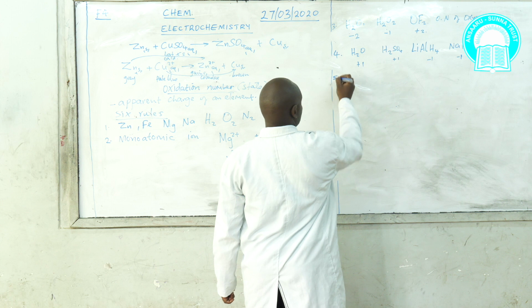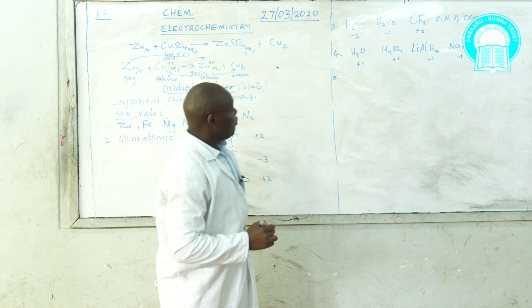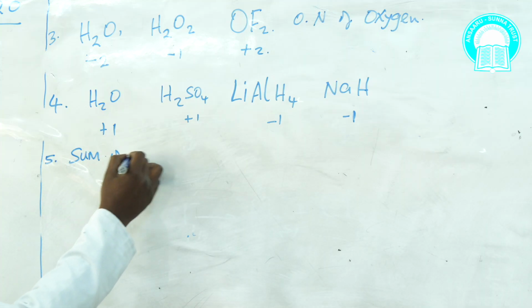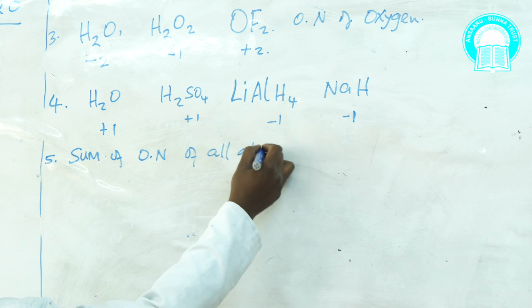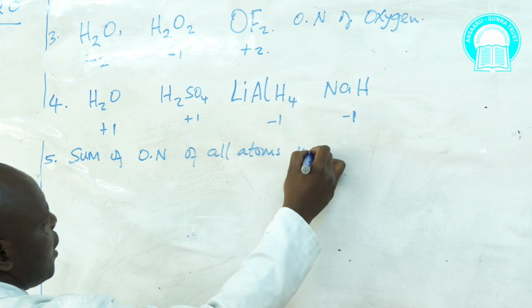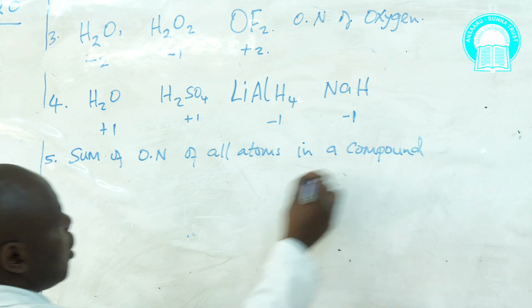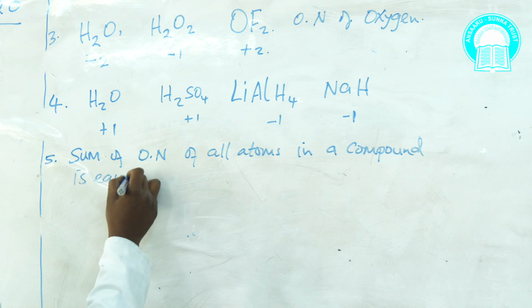Number 5 and 6 are very, very important rules. Number 5 says that the sum of oxidation numbers of all atoms in a compound must be equal to 0.